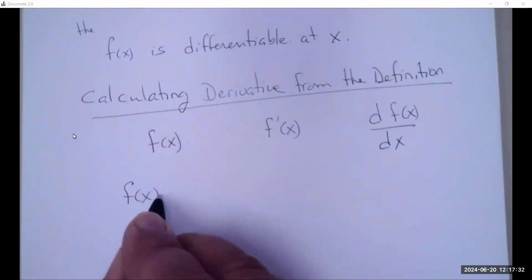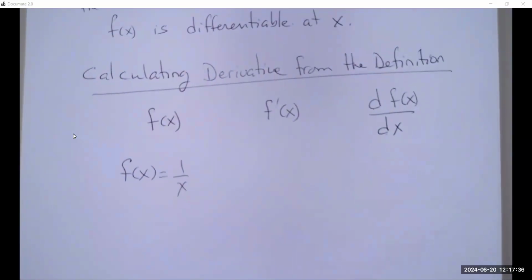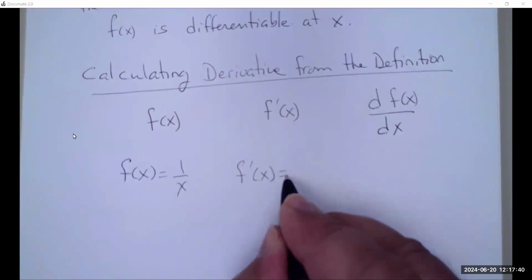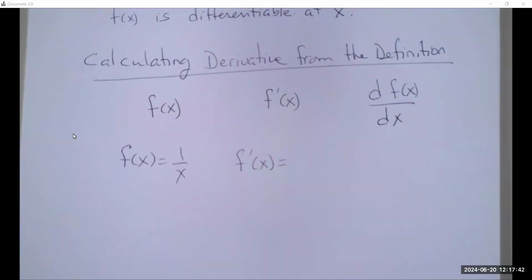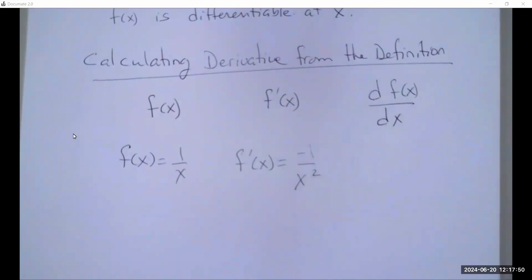So our first example we did was 1 over x. What was the derivative of that function? Very good, negative 1 over x squared.